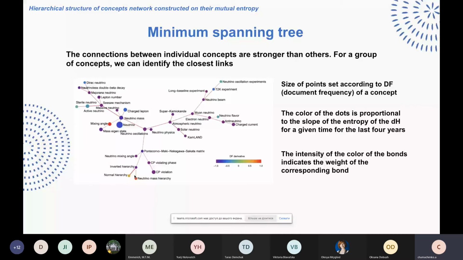For example, gravitational wave or black hole or something like this. Up to a certain period of time, there is no literature which mentioned these words, and then they appeared. And we have actually a lot of concepts that appeared during the year. So it's 3 or 4 or 5 of them.